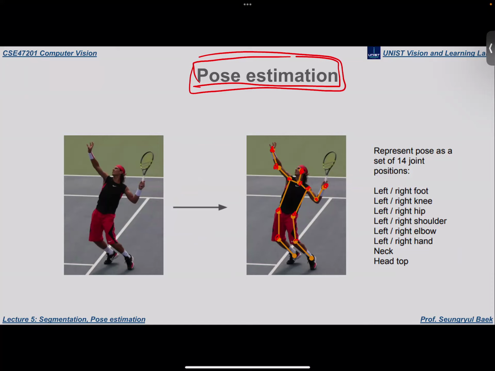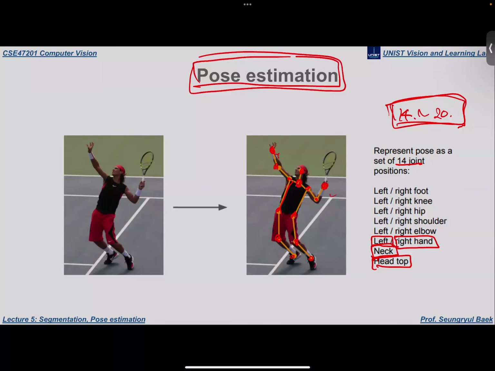So this point would be from maybe the head top, this point would indicate the neck, this point would indicate the right hand, and this point would be the left hand. Somehow we define some key parts of the human body. We can define maybe 14, or we can expand it to 20. Anyways, we have to predefine some key points from the human body.